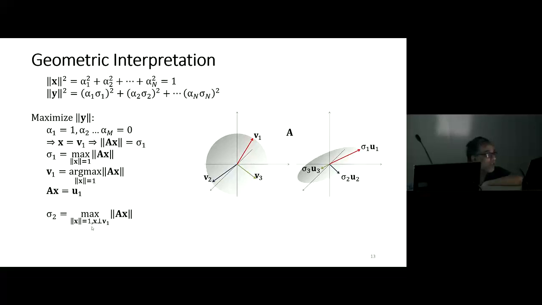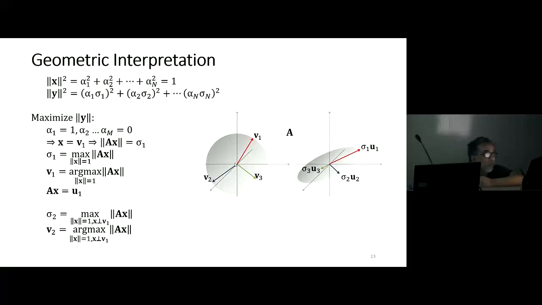Now we want to maximize AX with this condition. X should be a unit vector, but it should be orthogonal to V1, orthogonal to this red vector here. What vector should X be? V2, right? V2 is the answer, argmax of norm of AX, such that X is orthogonal to V1. The amount of stretching would be sigma 2 now.